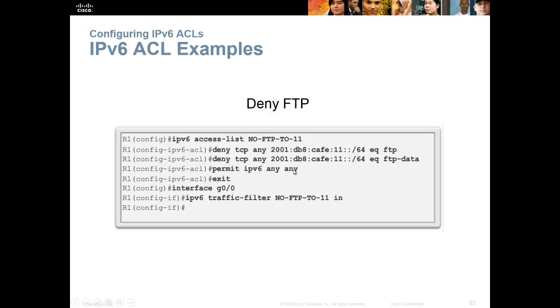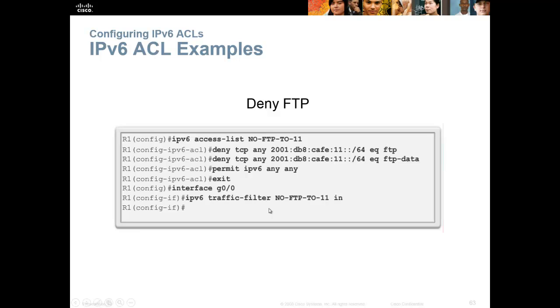Then I exit and go to the interface, and instead of using the access-group command, I use the traffic-filter command. Really that's the only difference: we're using IPv6 networks instead of IPv4 networks in the statement, and we don't put in a subnet mask anymore, we just use slash notation. And instead of the ip access-group command to apply it, we apply it with the traffic-filter command.